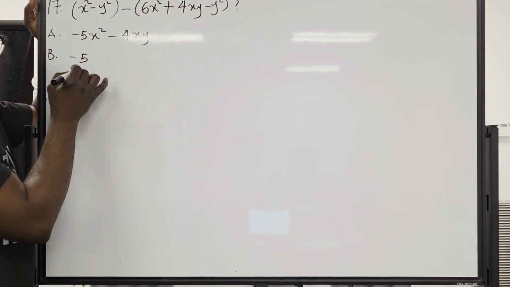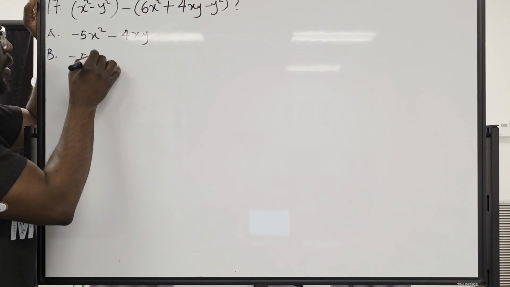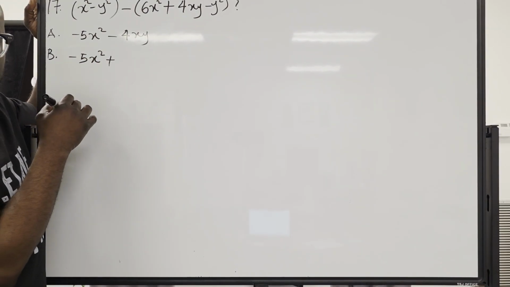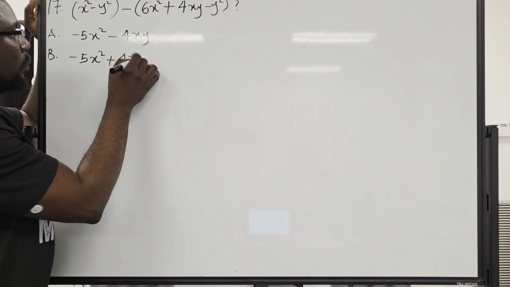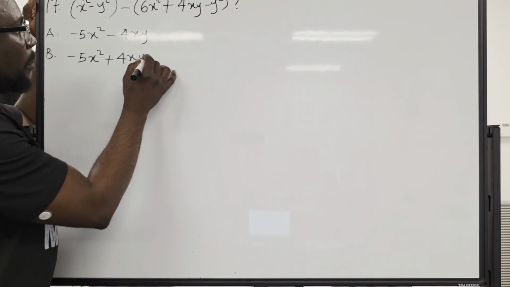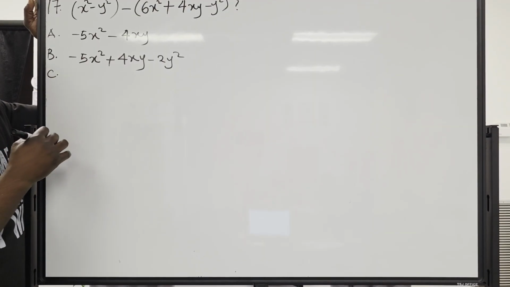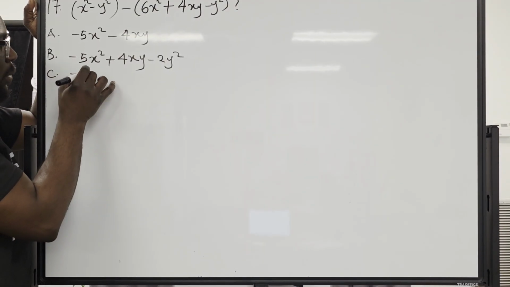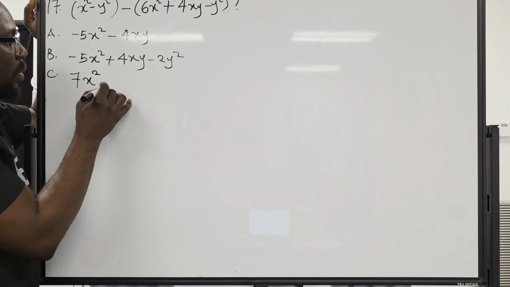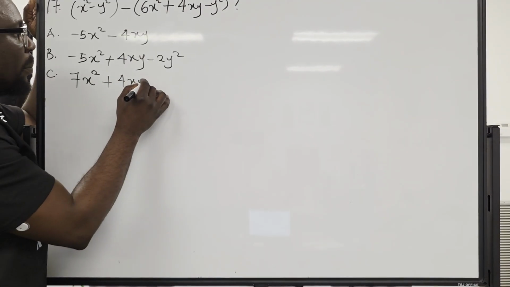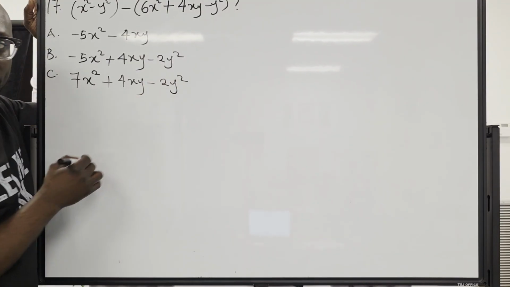minus 5x squared plus 4xy minus 2y squared. Option C, 7x squared plus 4xy minus 2y squared.